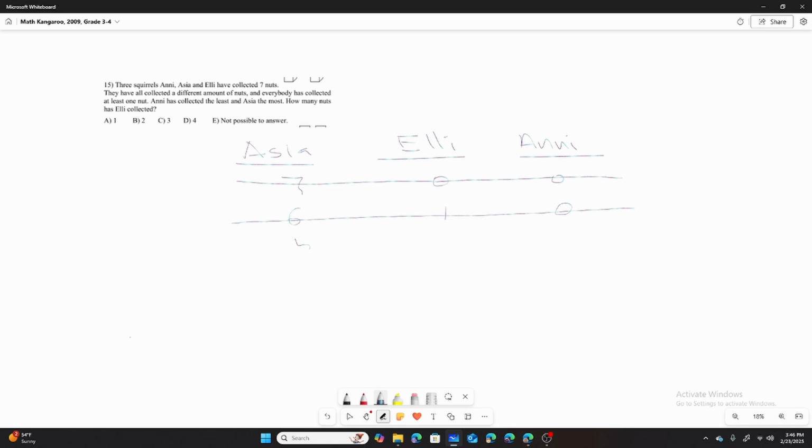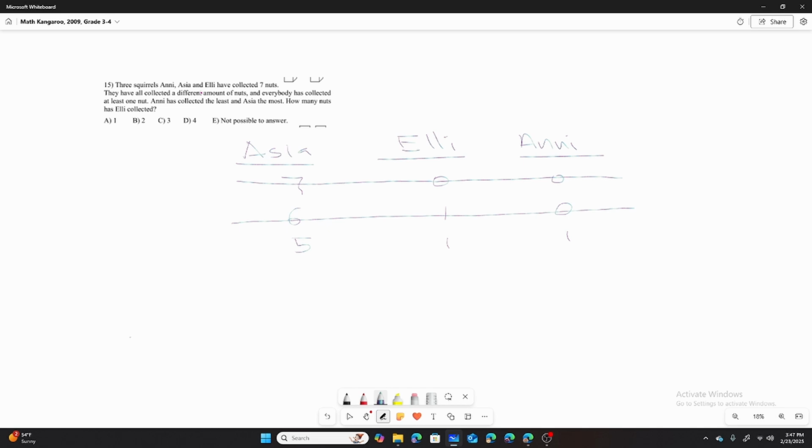How about if Asia collects 5 nuts? Then that means that there are 2 nuts divided between Ella and Annie. If Ella and Annie cannot have 0 nuts, then it can only have this distribution, 1 and 1.